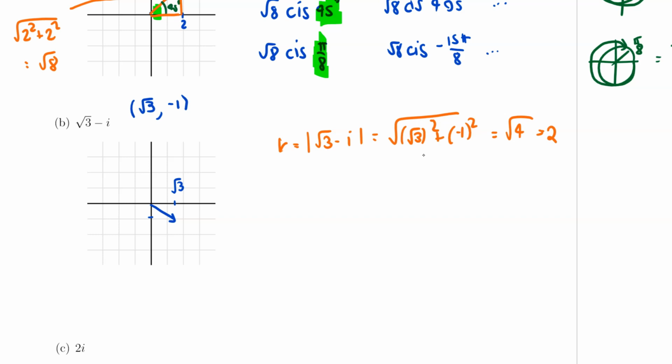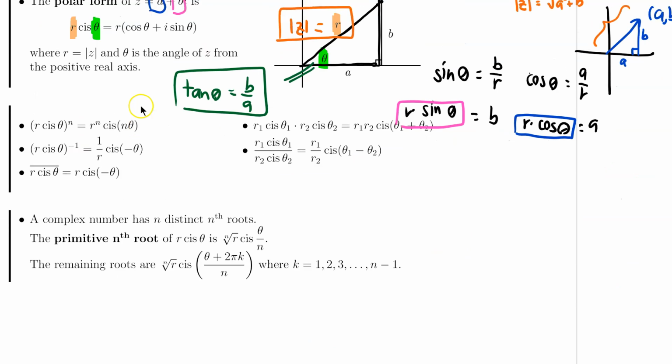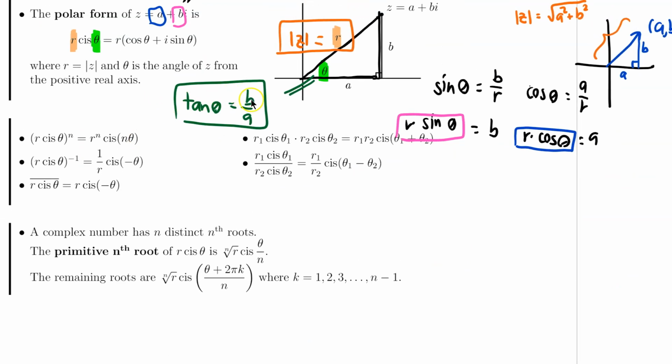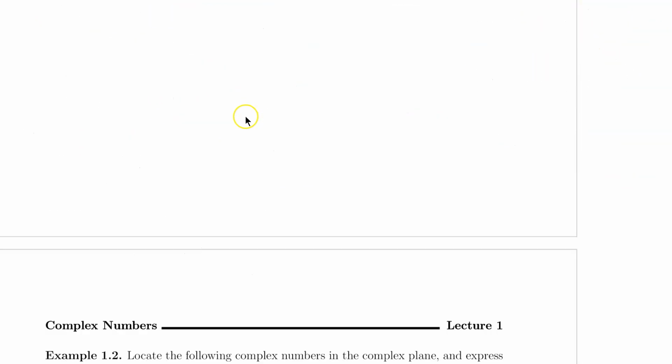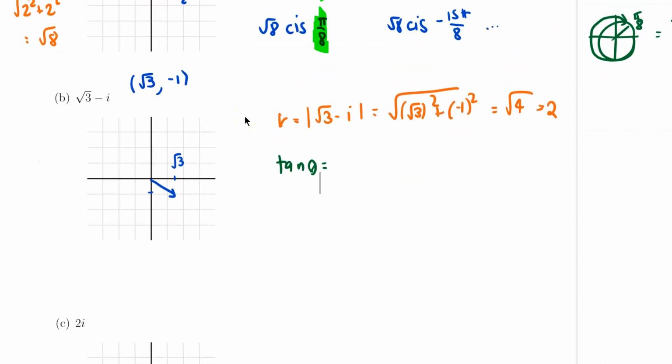So now I have r. Now to find theta, I know that tan of theta is the imaginary part divided by the real part. So my tan theta in this case is negative 1 over square root of 3.